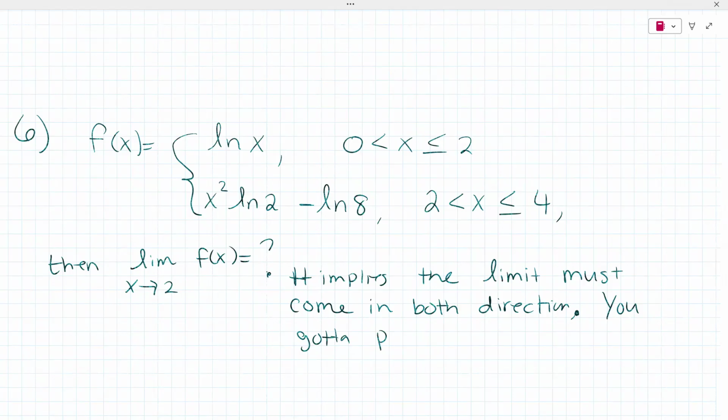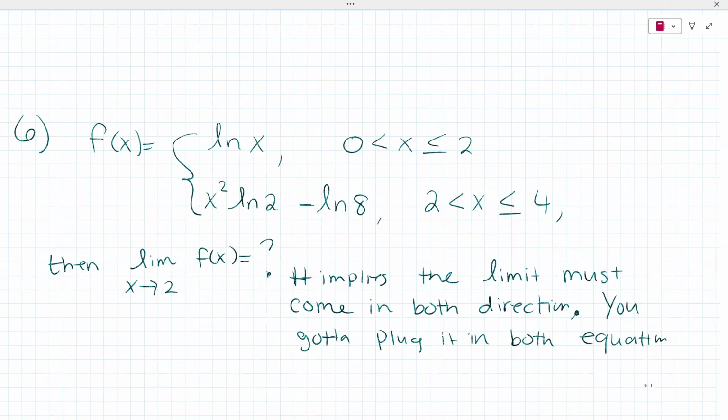Got to plug it in both directions, in both equations. So that's what we're going to do. Let's plug into the first equation.